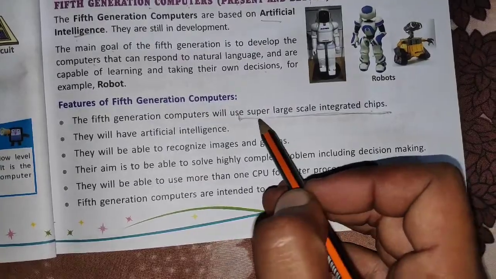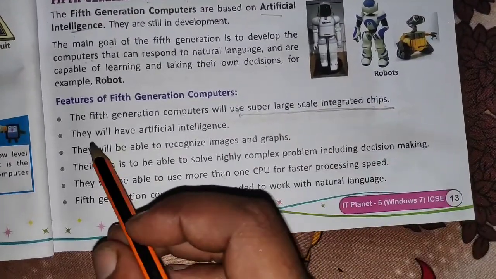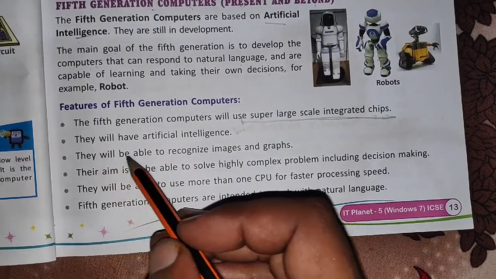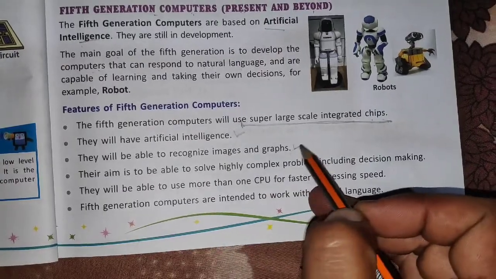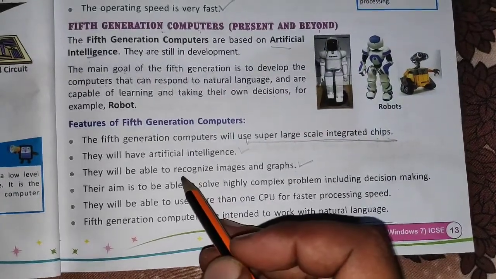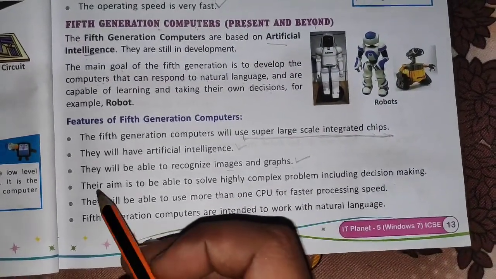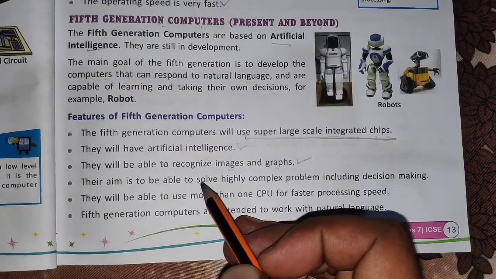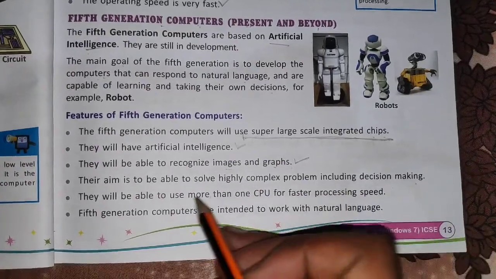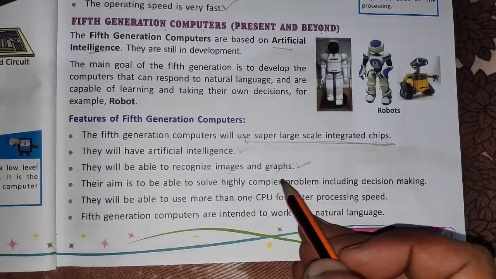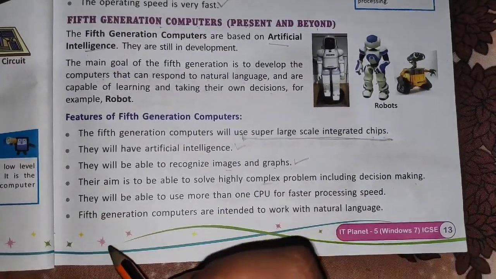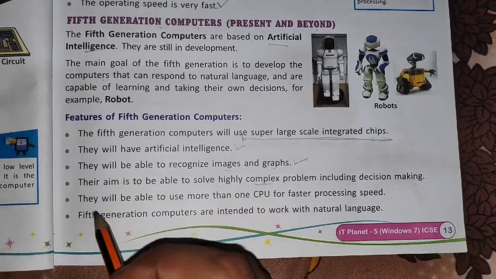Here it is using super large scale integrated chips, and they use artificial intelligence. They will be able to recognize images and graphs, so they can analyze images or graphs. The aim is to be able to solve highly complex problems, including decision making. Complex means very critical or very difficult decisions.